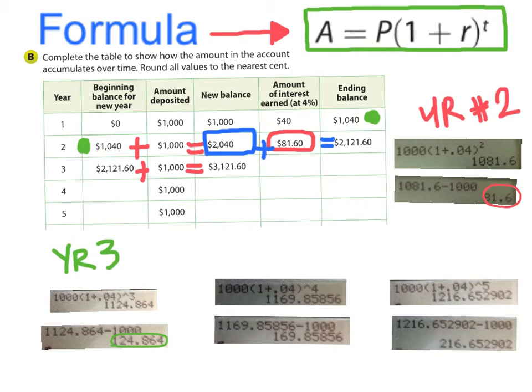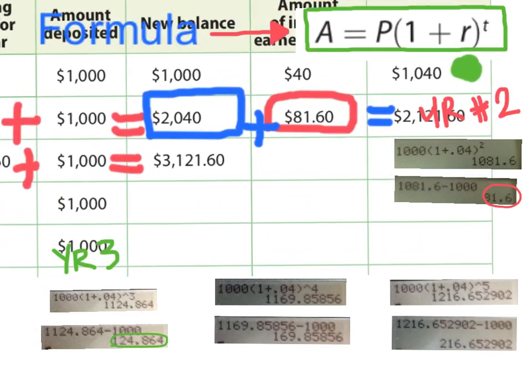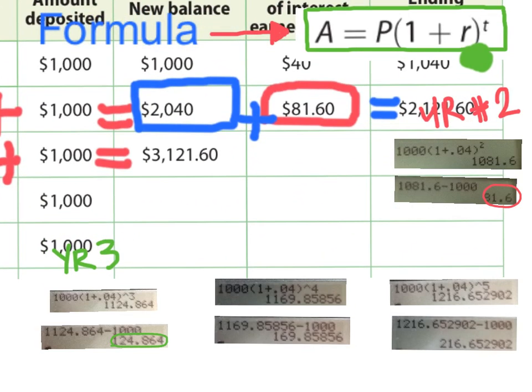Remember, we just did that and we said it's $1,024.86 because the 4 isn't enough to round up. I'm going to make this bigger so I can write it in clearly. $124.86.